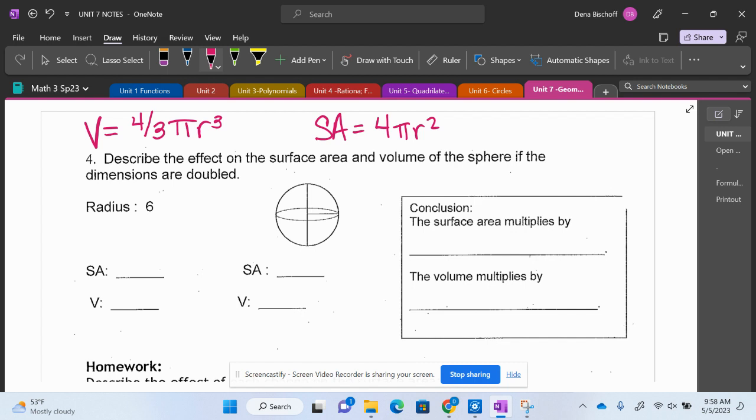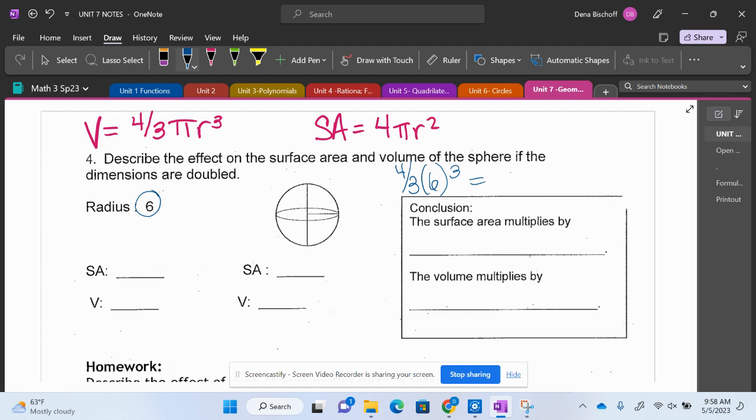Okay. So let's use the volume formula. It says our radius is 6. So I have 4/3 times my radius cubed. Again, I'm not putting pi in my dimension, I'm just going to tag pi along at the end. So 6 cubed is 216, right? 36 times 6 is 216.